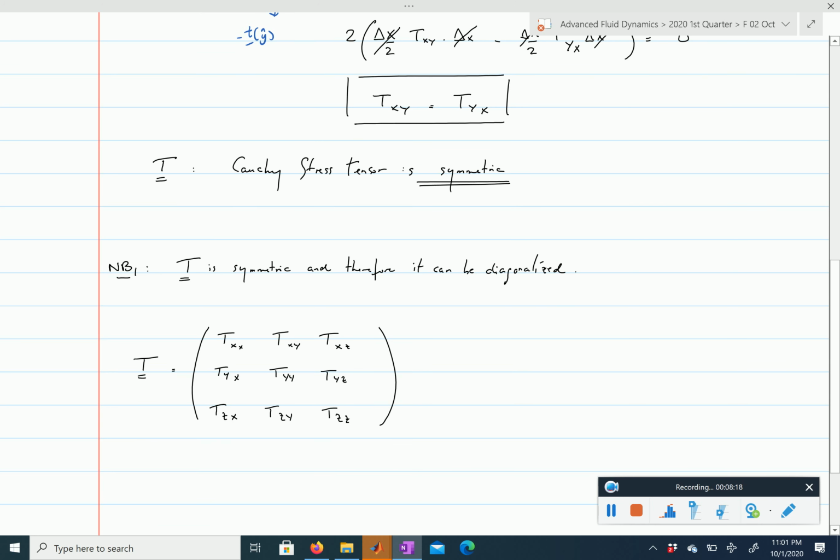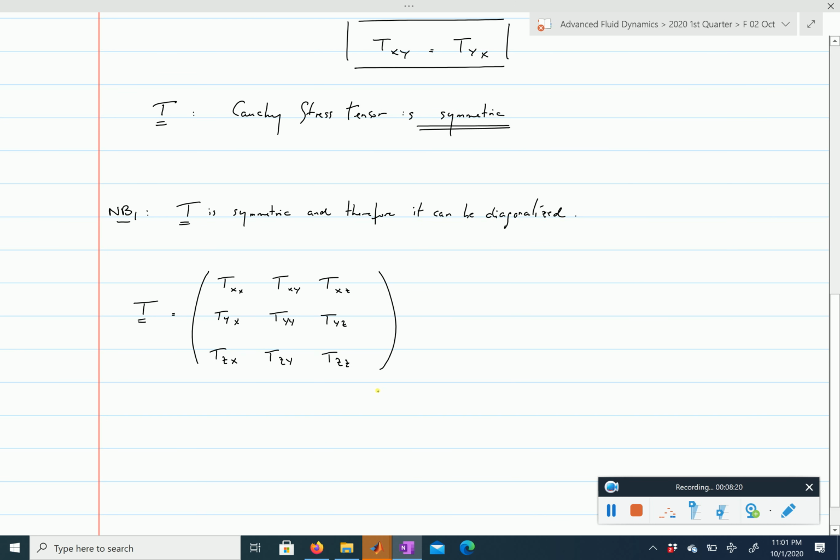Some terminology: the stresses along the diagonal are called normal stresses. Those correspond to the component of the stress tensor which is in the same direction as the normal direction.